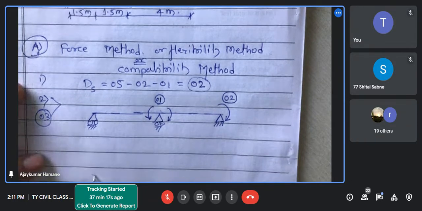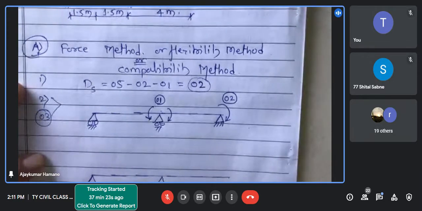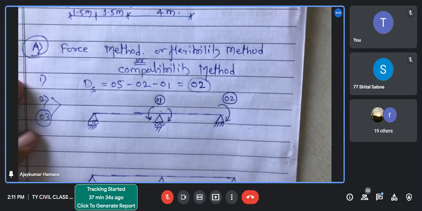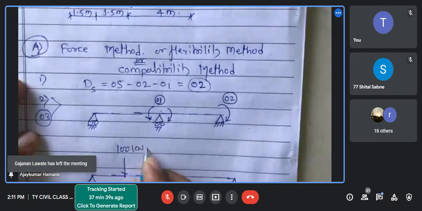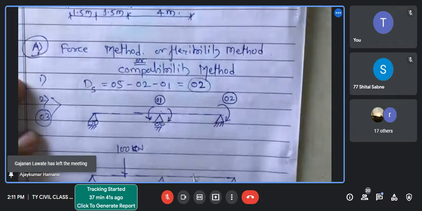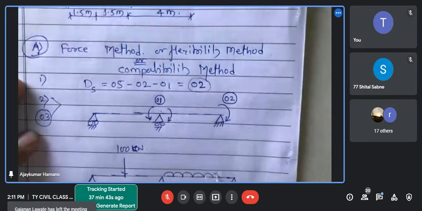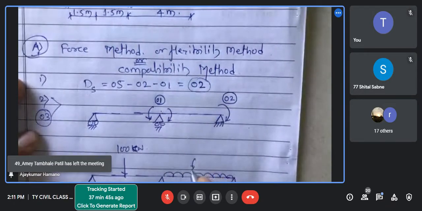Now this is the released structure. Here we have a roller, and here we have a pin support. The loading is 100 kilonewton, and here we have 60 kilonewton per meter.